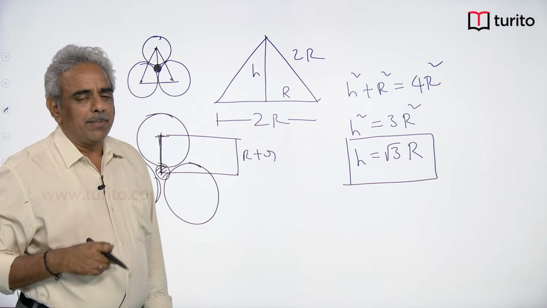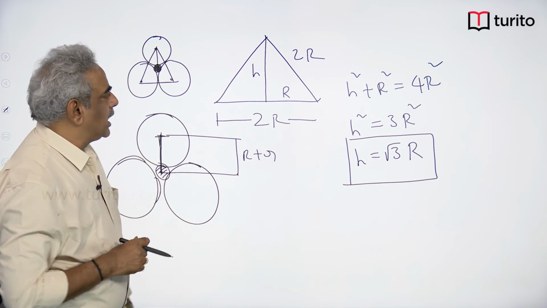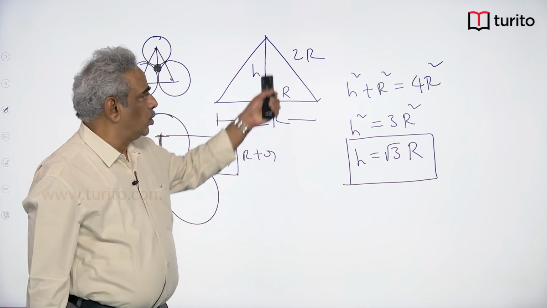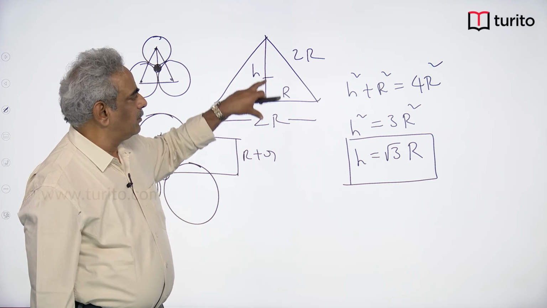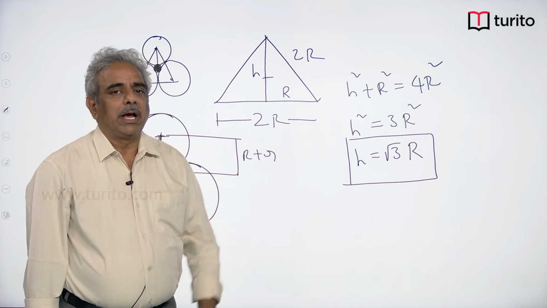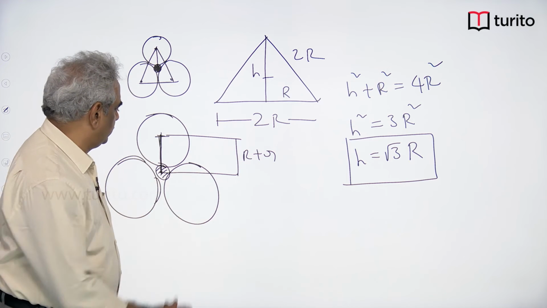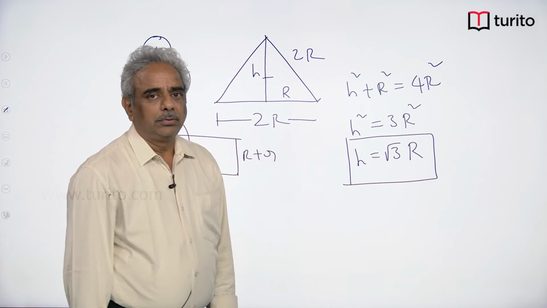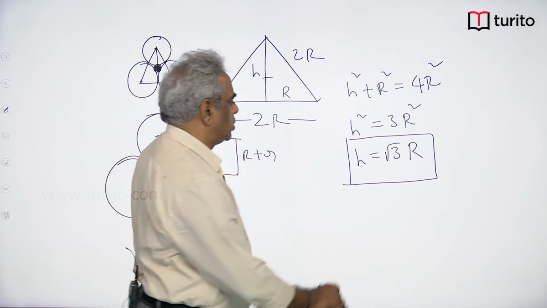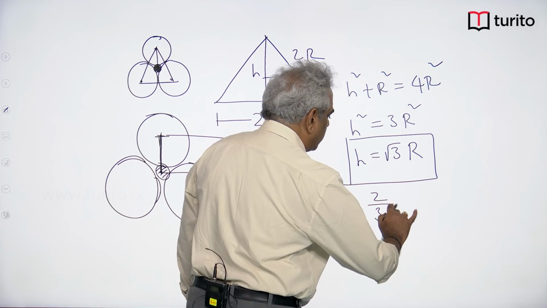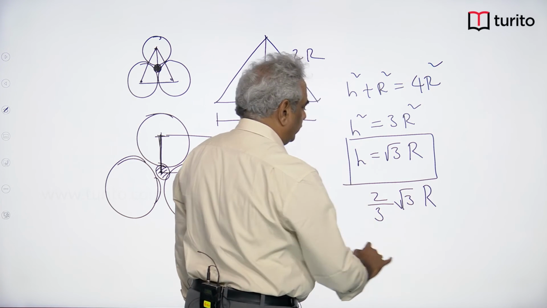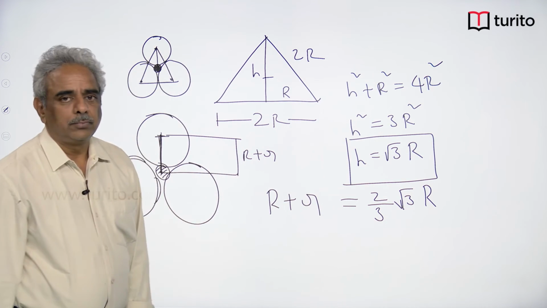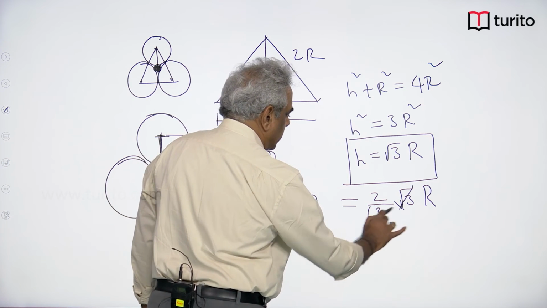In any fundamental mathematics everybody knows. So I should take the 2/3 part of the height, 1:2, 1:2 means what? 2 parts of that, 1 part of this. 2/3 part of the height will make capital R plus small r, this height. So what is the total height? Root 3 r, in which I should select 2/3 height. So 2/3 of root 3 r gives me capital R plus small r, and this 3 goes root 3 times.